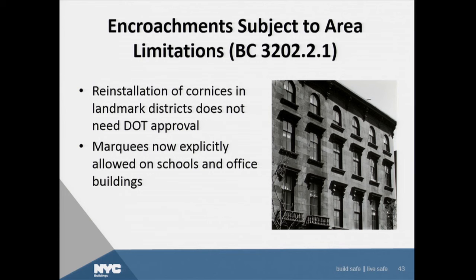For landmarked buildings, cornices, you do not now need DOT approval. This was a stumbling block before and would add excessive amounts of time to the requirements. We've taken it out. Essentially, you can reinstall cornices on a landmark building, and it should be okay.